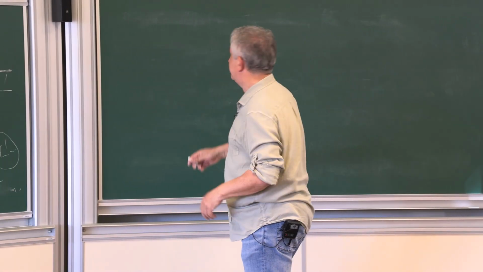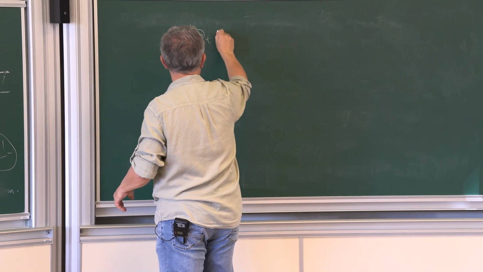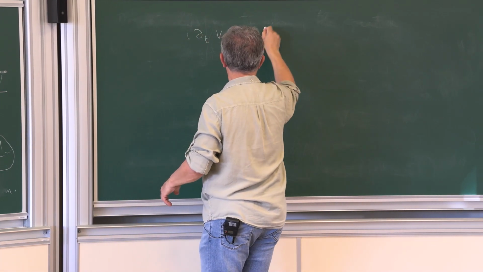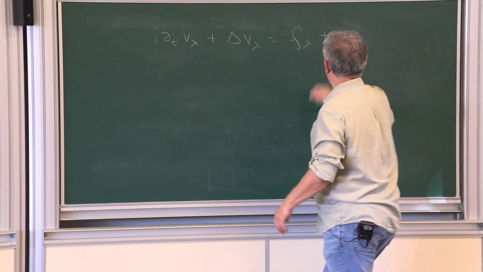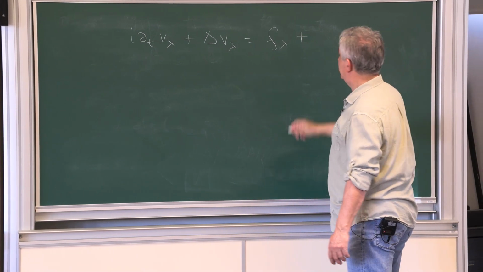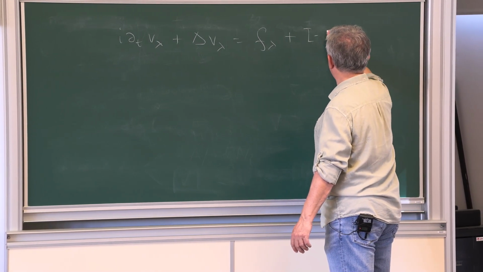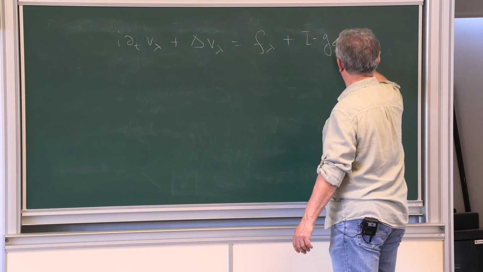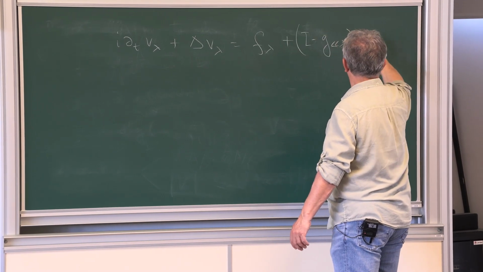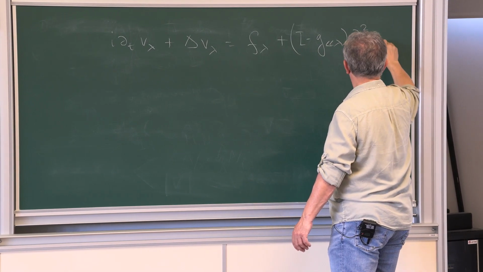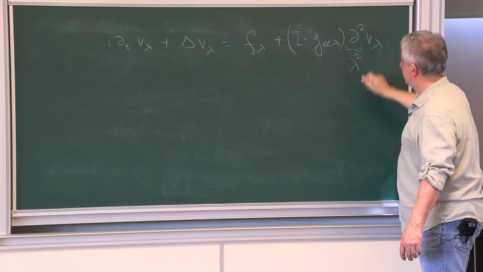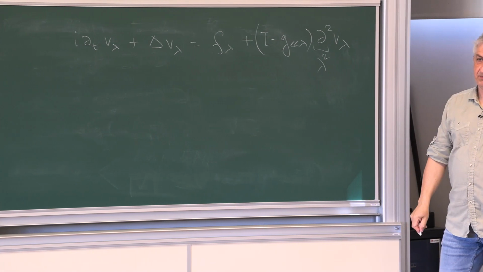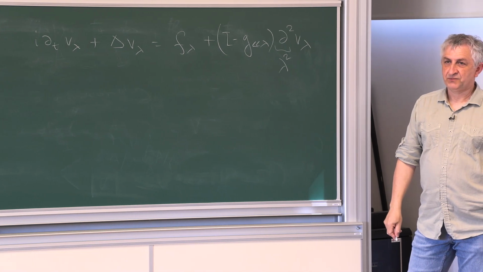But still, we write our equation, I dt v lambda plus Laplacian v lambda is equal to f lambda plus identity minus g much less than lambda. This gets multiplied by two derivatives of v lambda. And we're at frequency lambda, so these two derivatives are kind of like a factor of lambda square.